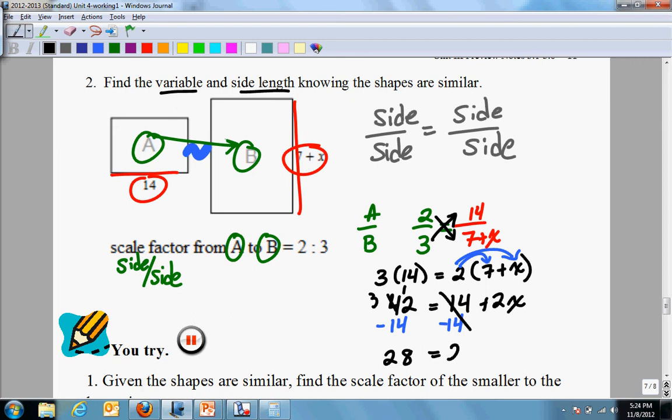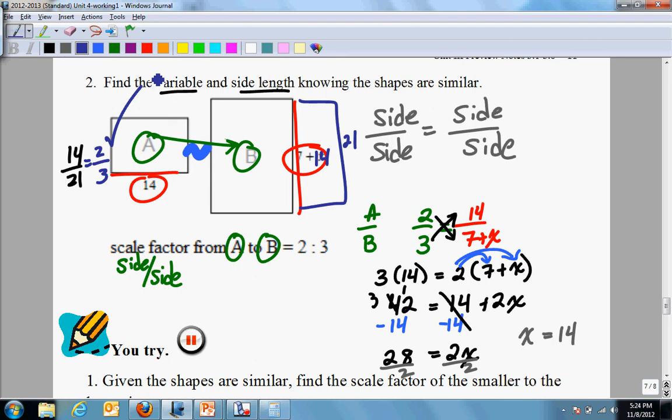We have 28 equals 2x. Divide by 2, and x equals 14. Which makes this whole side to be 21. Now let's check, because this 14 over 21 should reduce to 2/3. 2 goes in there, 7 goes in there twice, 7 goes in there 3 times. There's our check. We know we're correct.